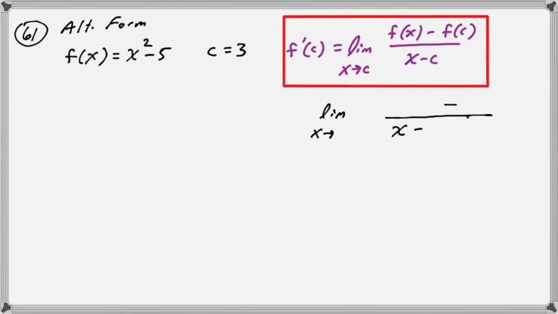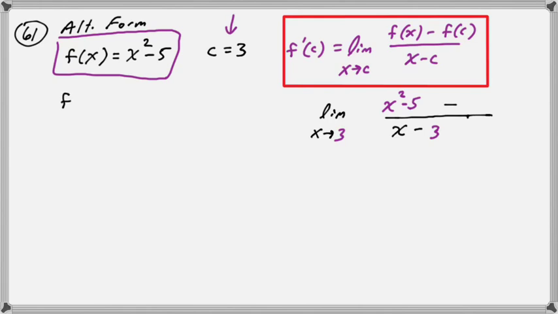Do we know what f of x is? So I'll fill that in. Do I know what c is? So I fill that in 2 spots there. Can anybody tell me what f of c is? F of c.